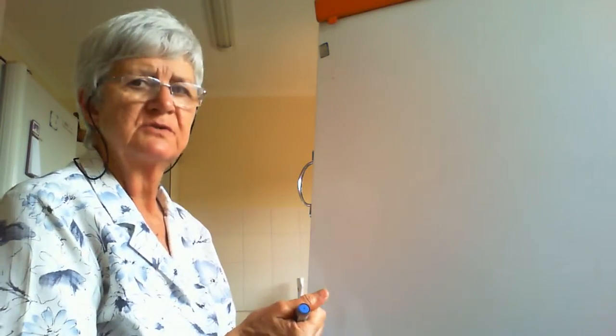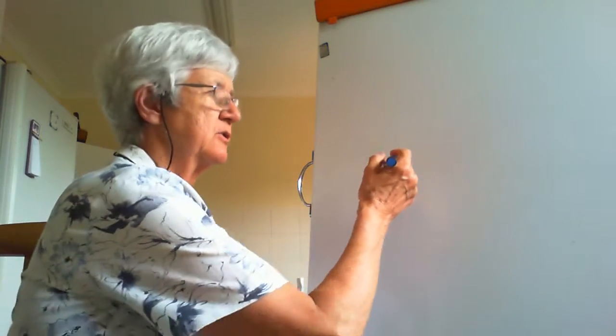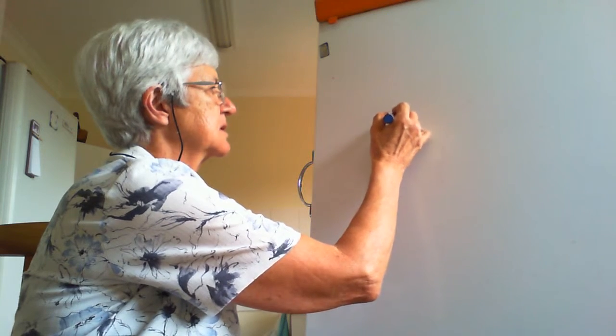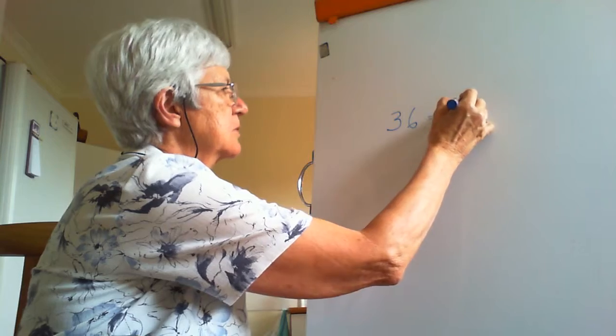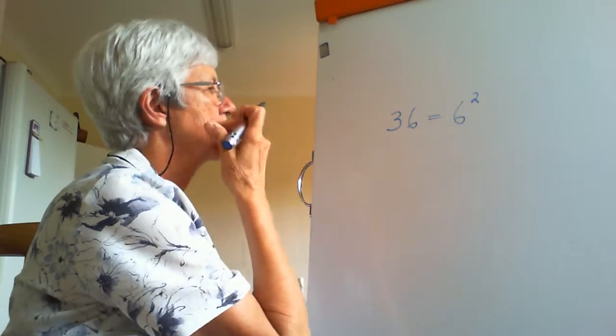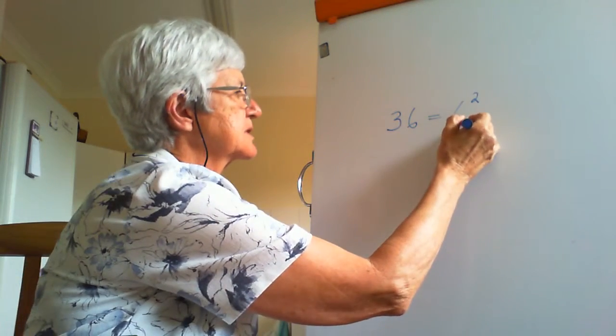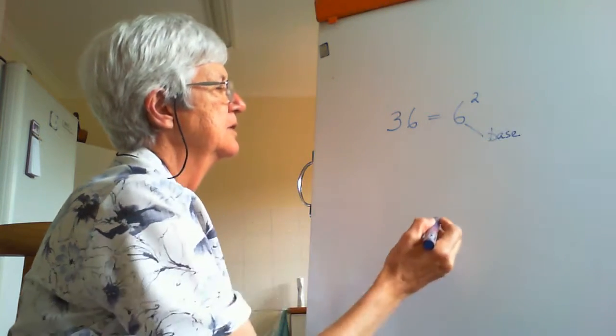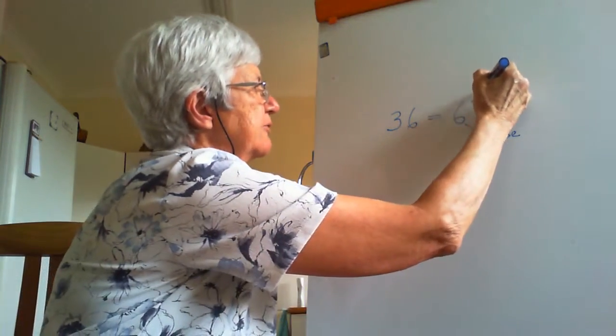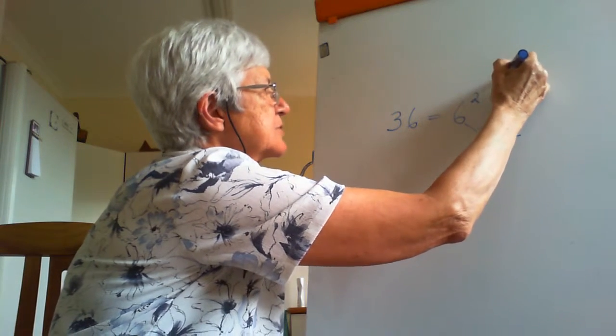Right, now, just first of all, to understand what a logarithm actually is, look at this simple statement: 36 equals 6 squared. You probably know that the 6 is called a base, and the 2 is given 4 different names, one of which is index.